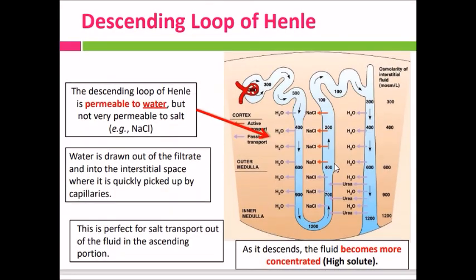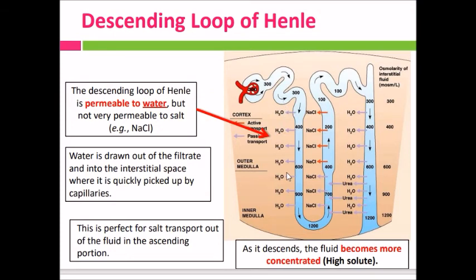Okay, and then the descending loop of Henle is permeable to water, but it's not very permeable to the salt compared to the ascending loop of Henle. Okay, ascending loop goes up, descending loop goes down. Here, what will happen?